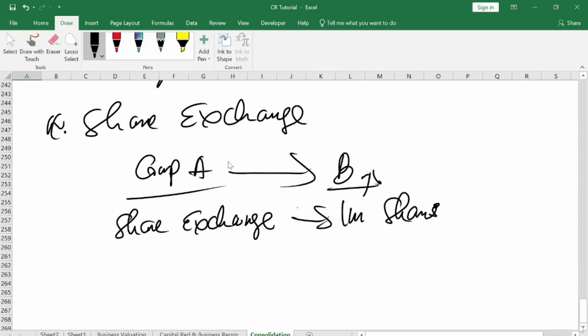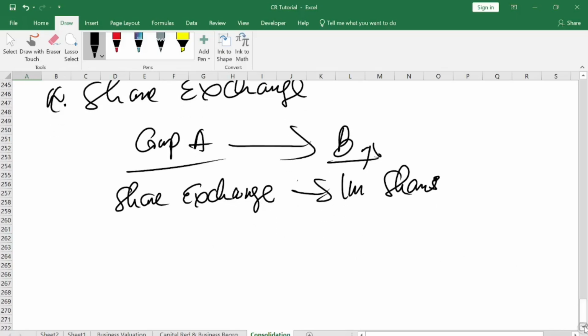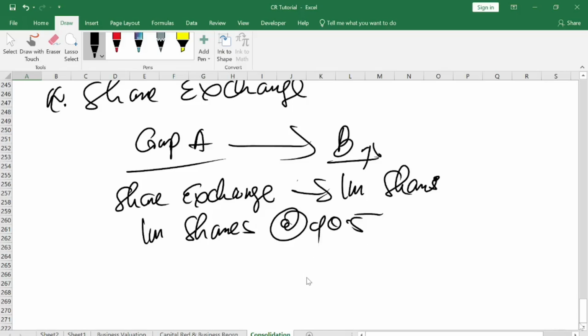Instead of giving them money, they will give them what? Shares. You understand? So here, they will say that, okay, we will give you 1 million shares at maybe 0.5 Ghana cedis. So this is what we call share exchange. You just multiply, then you get the number of what?